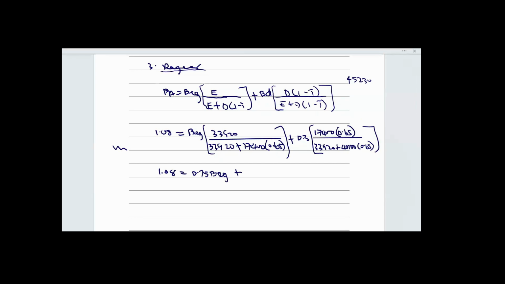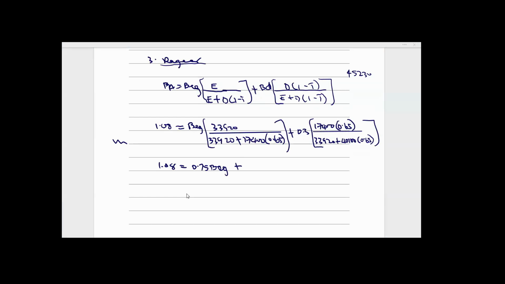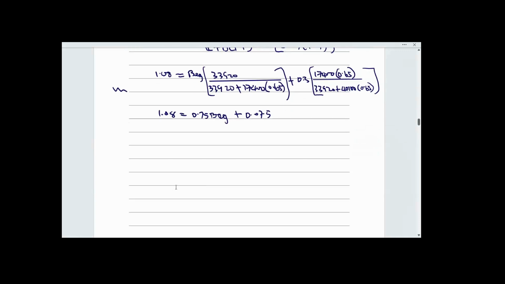The other side will be 17,400 multiplied by 0.65 divided by 45,230, multiplied by 0.3, equals 0.075.